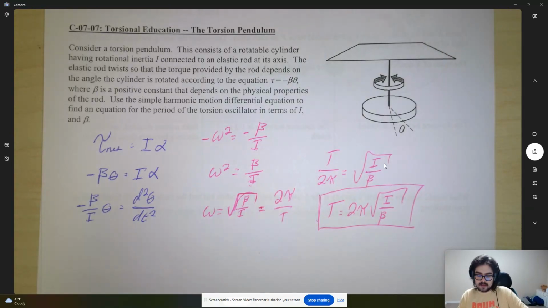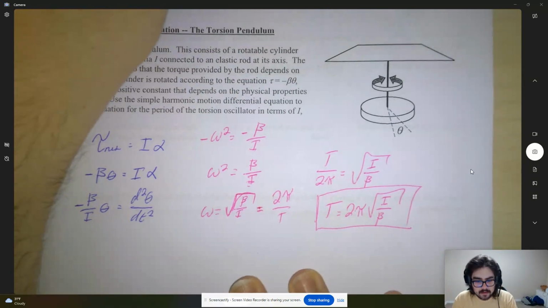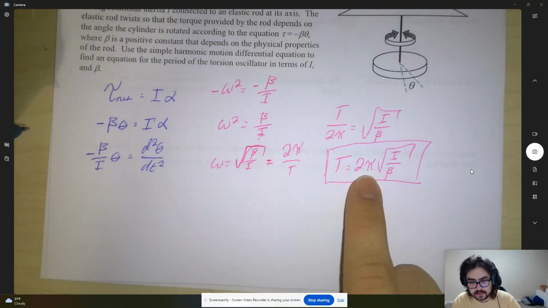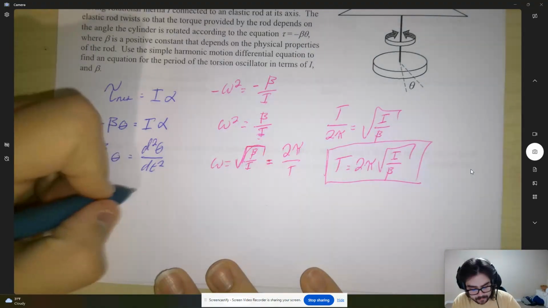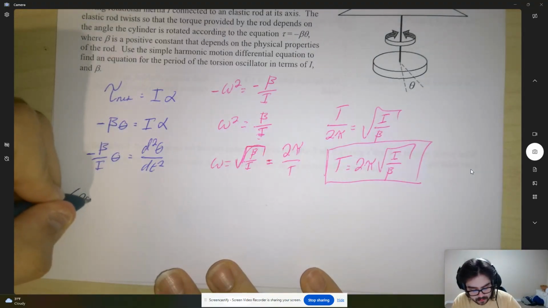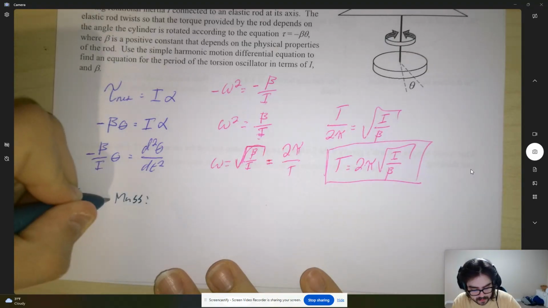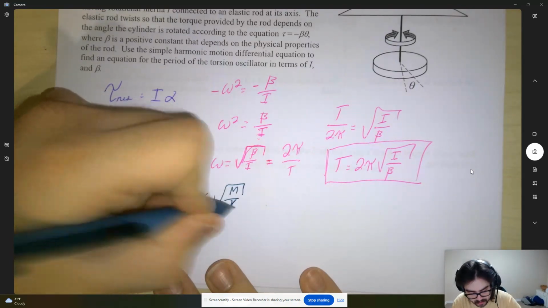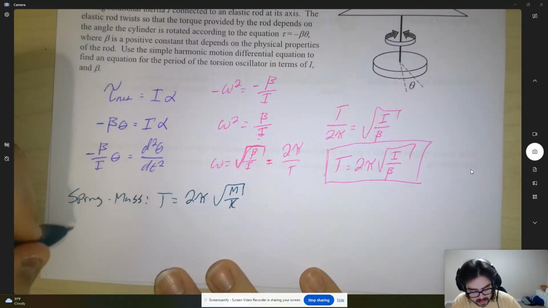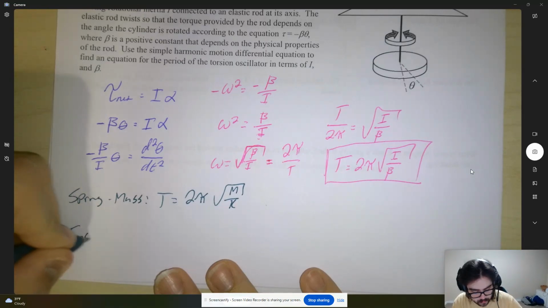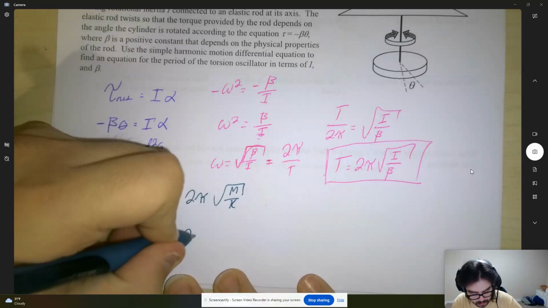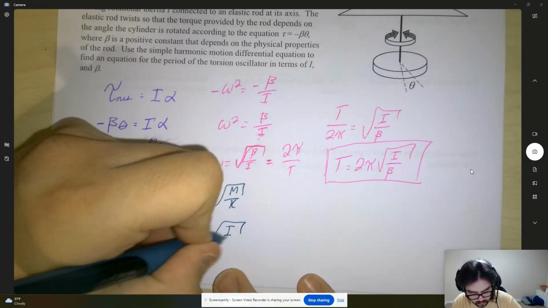It's also important to note that this is very similar to the spring mass oscillator. I was just about to wrap up, but I'm going to point this out too. In the spring mass case, it's T equals 2 pi root m over k. But for the torsion pendulum, you have T equals 2 pi root I over beta.